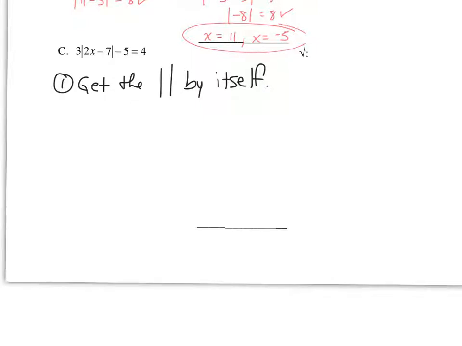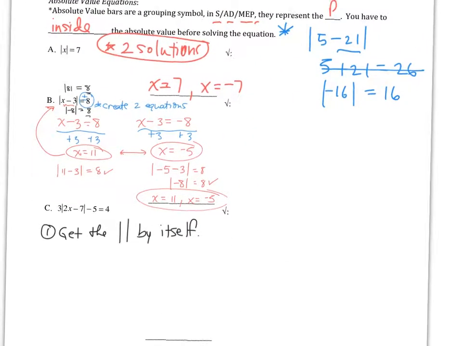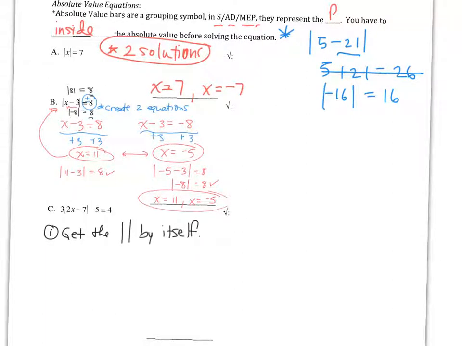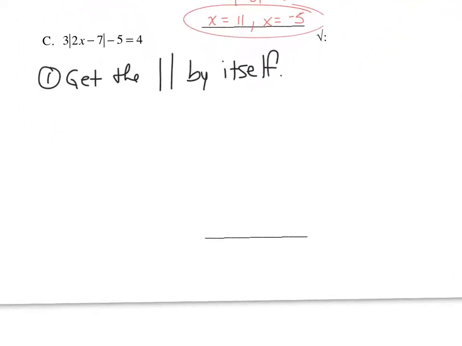Yep, write that down. These are going to be your instructions. Always get the absolute value by itself. You want to do that first, okay? We did not have to do that on A and B, because notice in A, it was absolute value of x all by itself, absolute value of x minus 3 all by itself, okay? We didn't have to do it then, but now we have to do it.